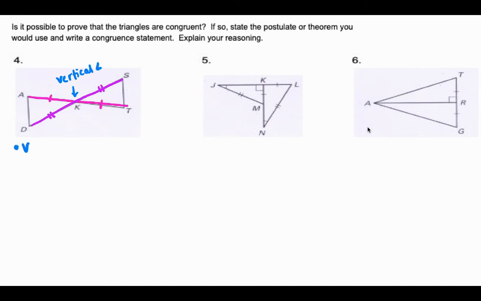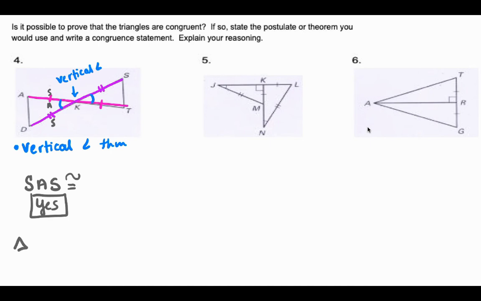So I'm going to use my vertical angles theorem to get that these angles are congruent. So now if we look at the information, I have a side with the angle and then the side. So we have side, angle, side congruence. So yes, these are congruent.